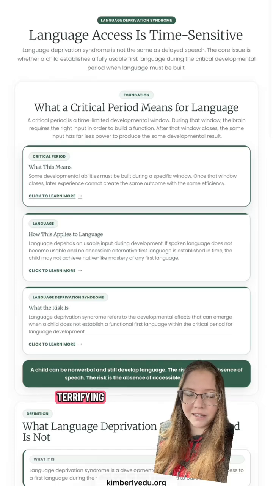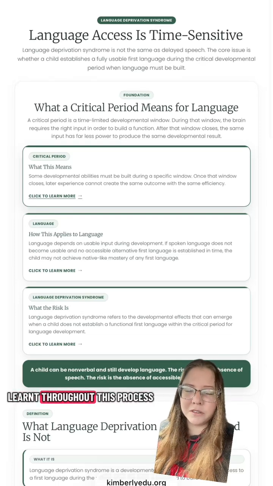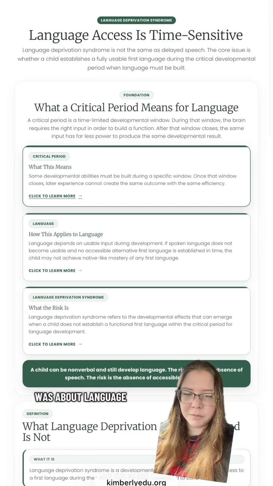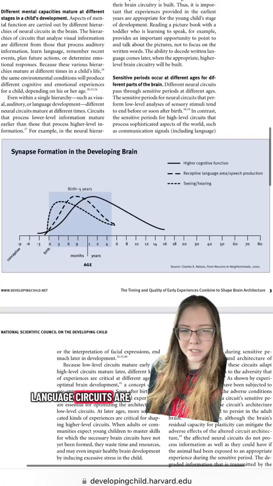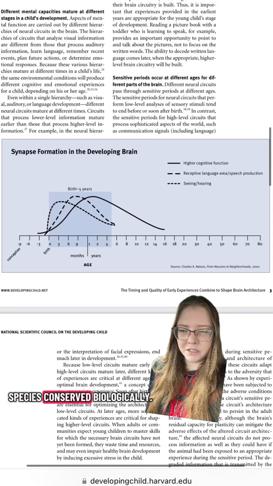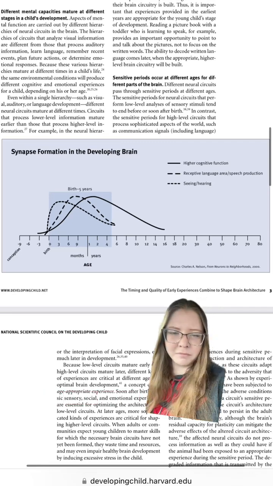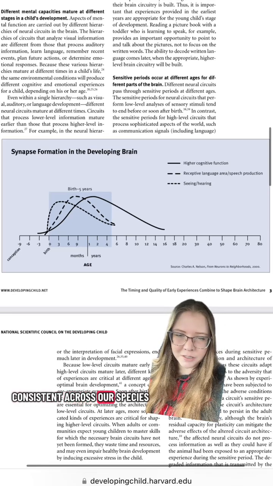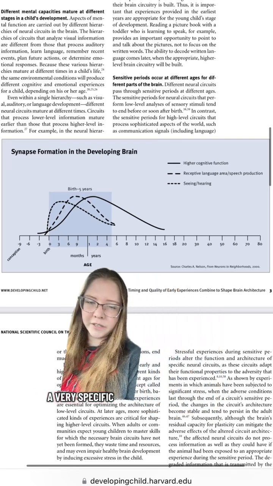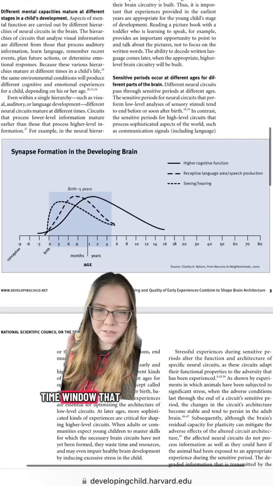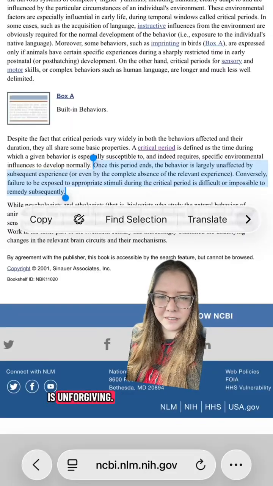However, the most terrifying yet important bit of information I learned throughout this process was about language deprivation syndrome. Language circuits are developed in a species-conserved, biologically time-constrained critical period, meaning it is consistent across our species and constrained to a very specific time window. That is unforgiving.